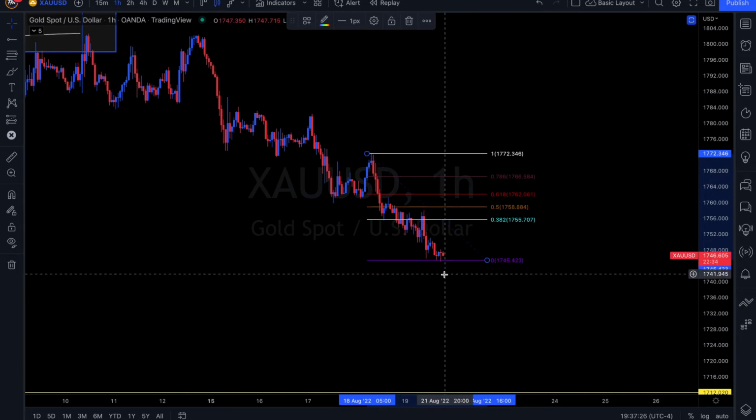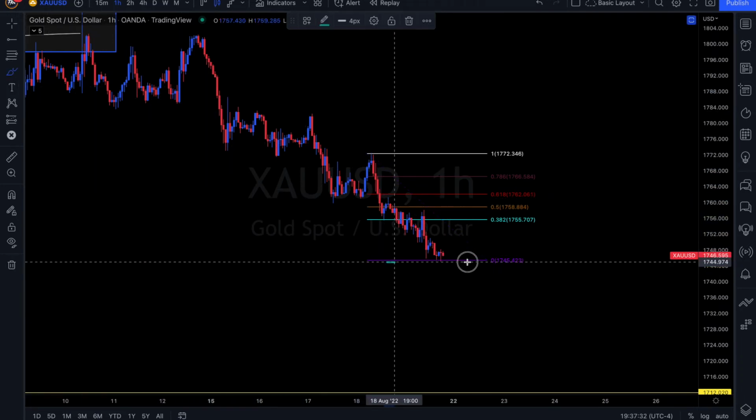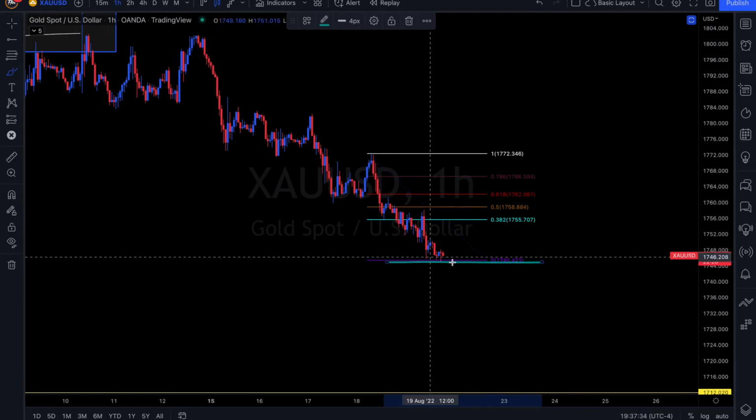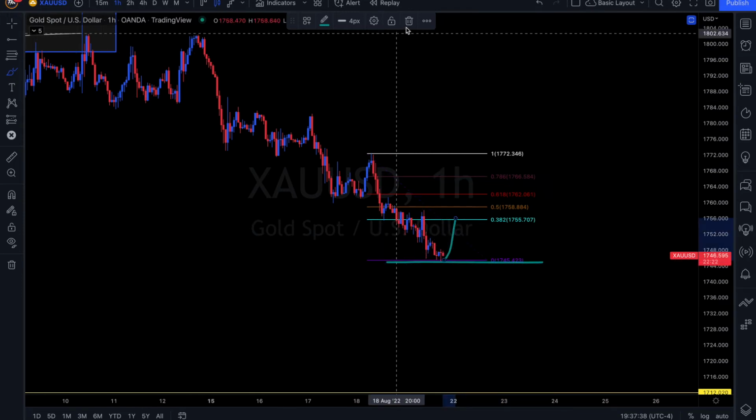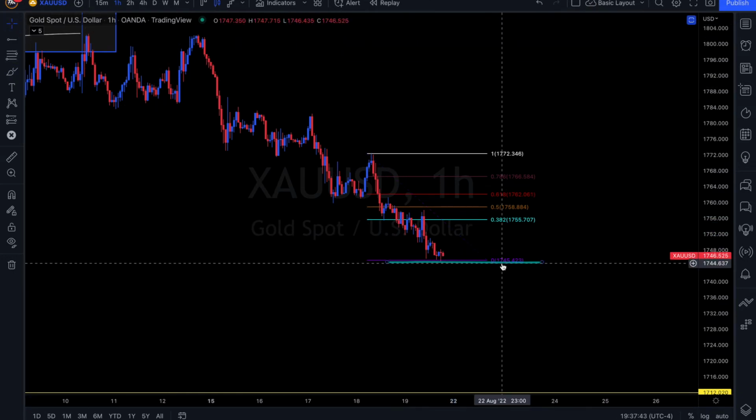Now, here's the important part: this right here has to be where price action starts to retrace from. We don't know that yet, so just keep that in mind. I'm just giving you the idea of what you should do when you get to that point.